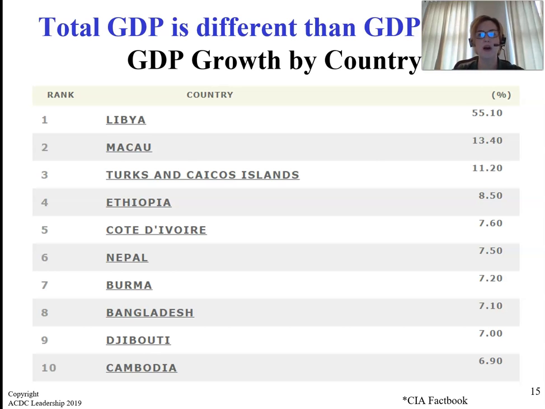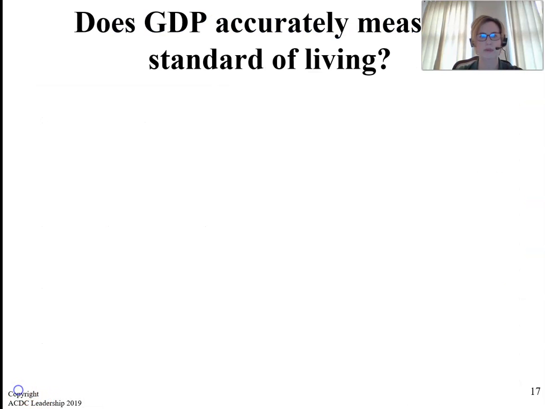So if you are looking at a country that has had very little GDP growth and then they have access to new resources and start to grow, that growth rate could in fact be substantially higher than a country like the US that already has a high GDP.